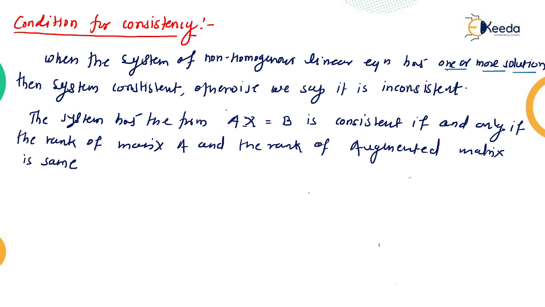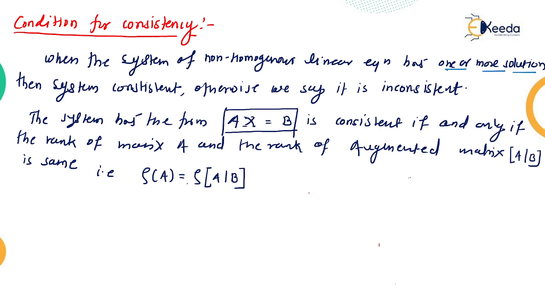Okay, means the system AX is equal to B is consistent if and only if the rank of matrix A and rank of augmented matrix, which is a combination of matrix A and matrix B, are the same. So I am saying here the rank of matrix A is denoted by rho of A, and that is equal to the rank of augmented matrix AB. Okay, if this condition is satisfied, means if both ranks are the same, then it has a solution, then the system is consistent.